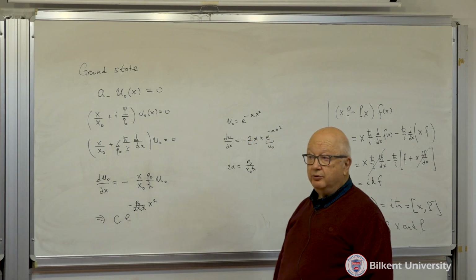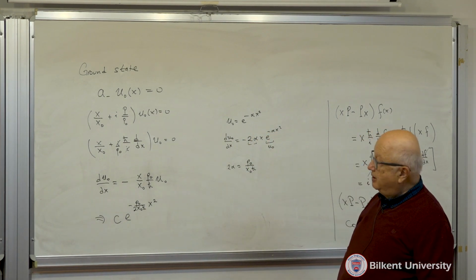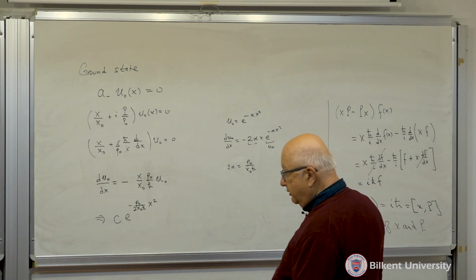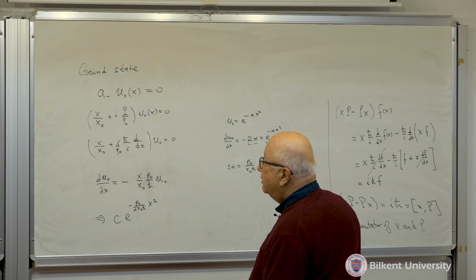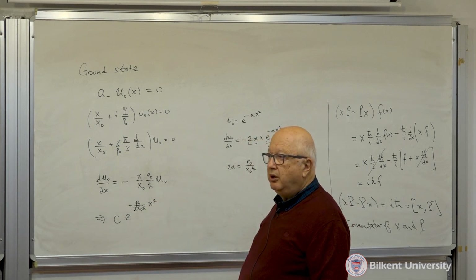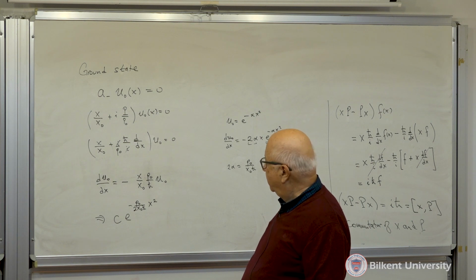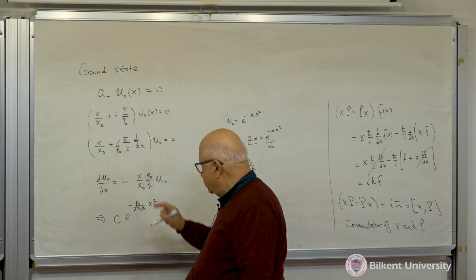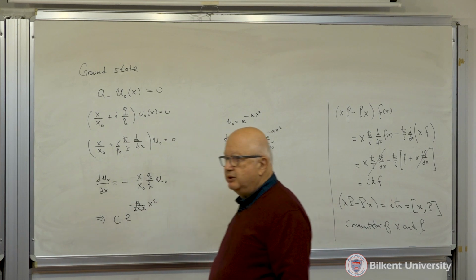So it's indeed a Gaussian. The p0 and such things, unfortunately I erased, but you can put these in. I think it's the square root of km, or km. In any case, just put these things in.